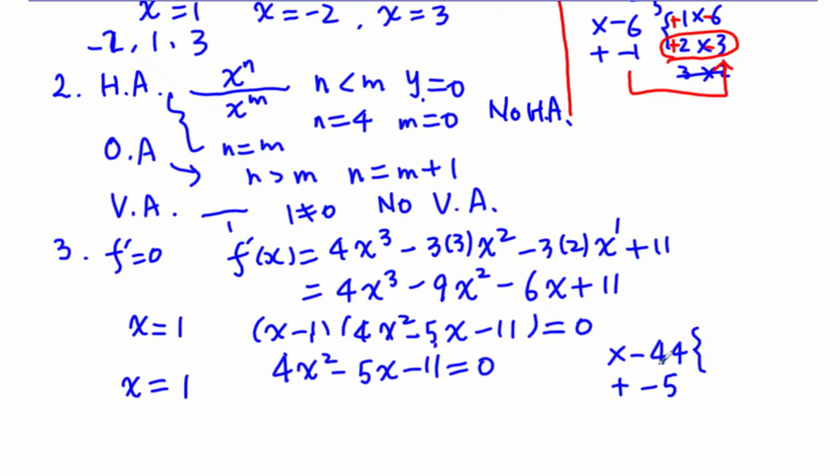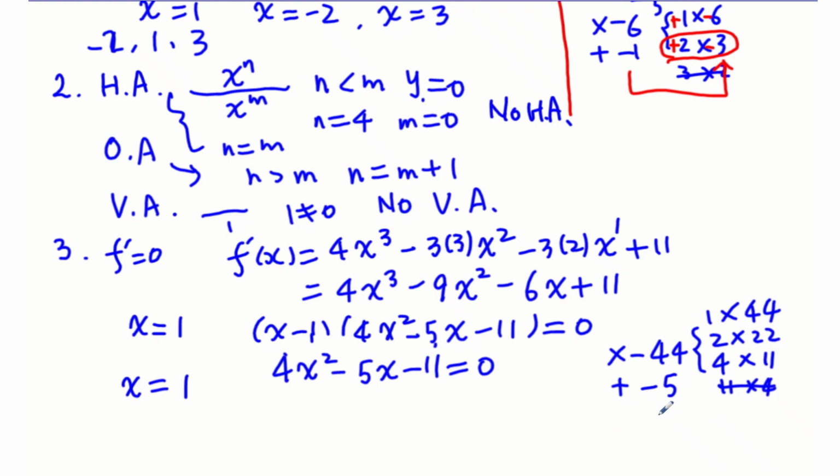The factors of 44: we try dividing by 1 is 44, by 2 is 22, by 3 doesn't work, by 4 is 11, by 5 no, 6, 7, 8 no. Then until 11 it will work, but it repeats, we don't need it.